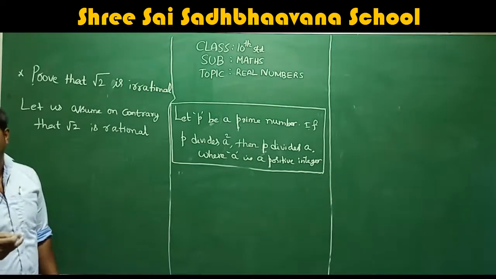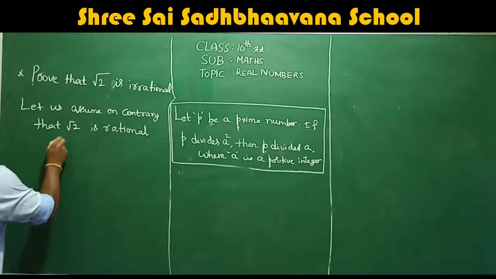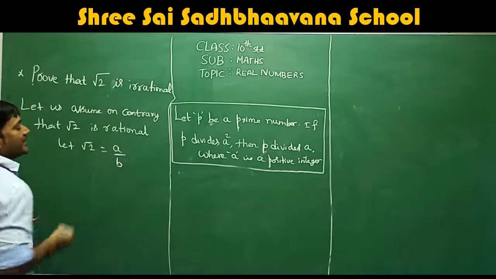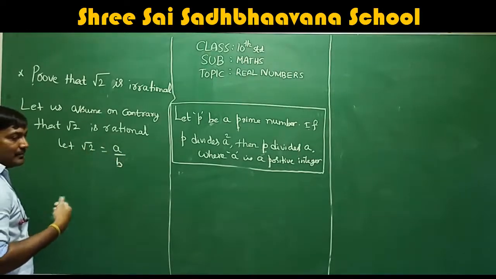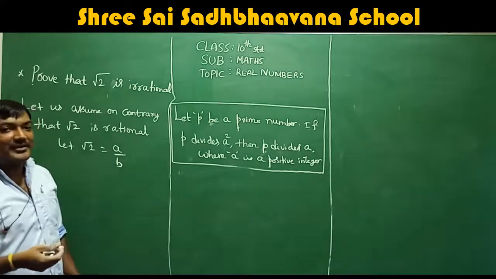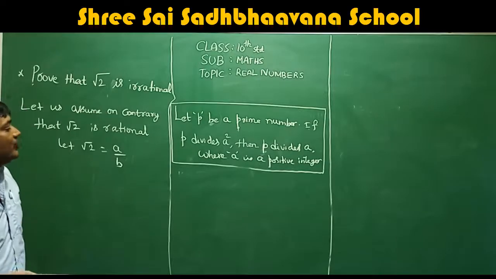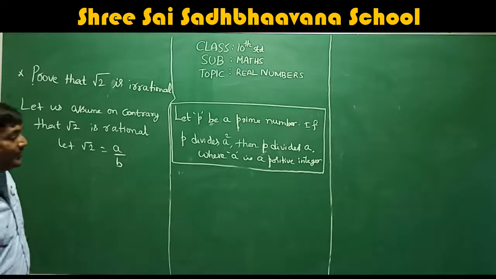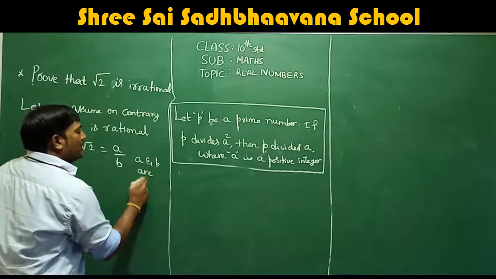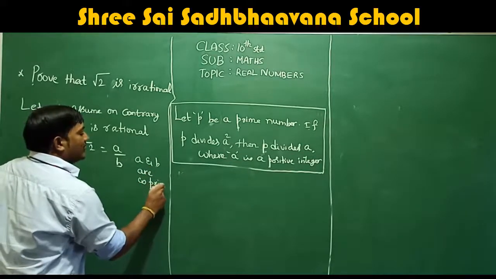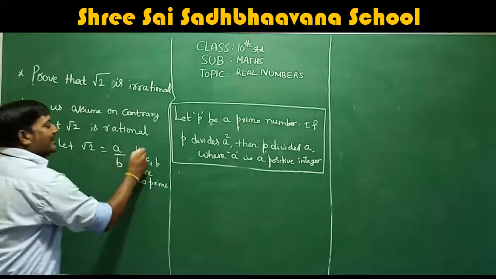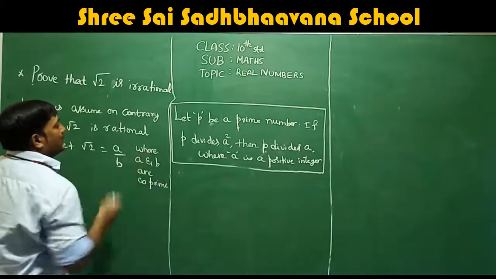Correct? So whenever you consider a rational number, it should be written in p by q form. Any number which can be written in p by q form is called a rational number, and everybody knows that. So, I assume that root 2 is equal to a by b, and a and b are co-prime numbers.